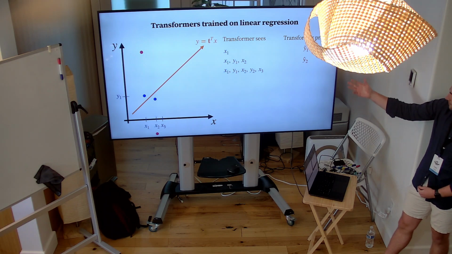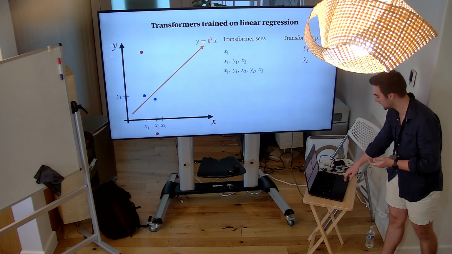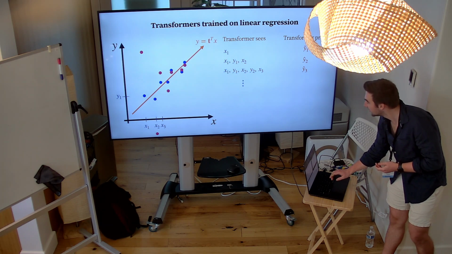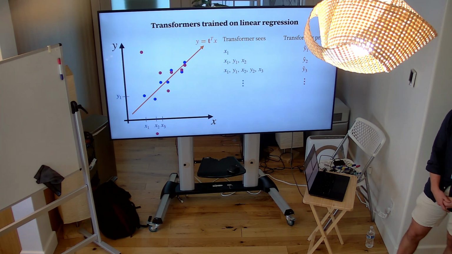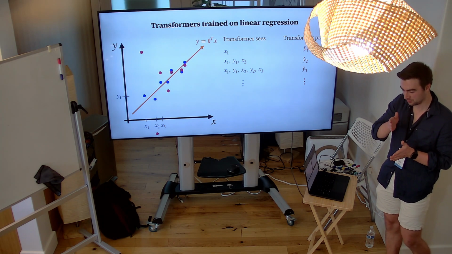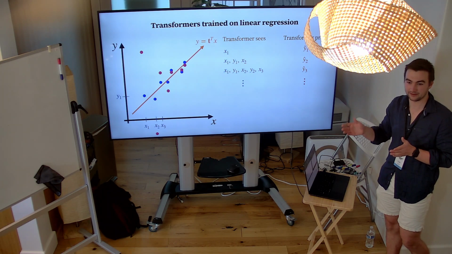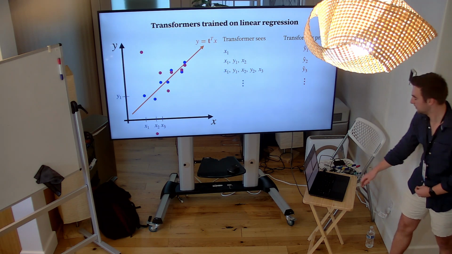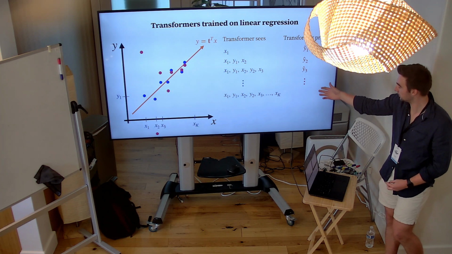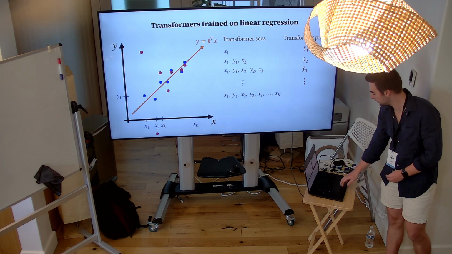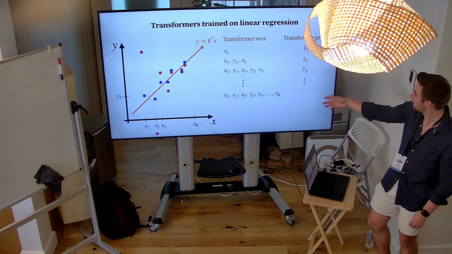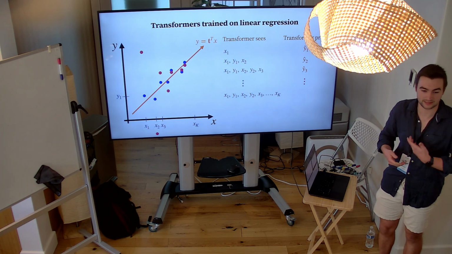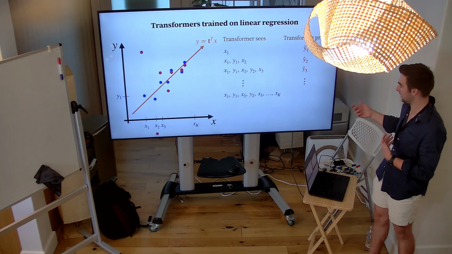And so we start to build up these pairs, and we are asking the transformer to predict on each subsequent pair given that it has seen 1, 2, 3, 4, 5, etc. And so then we finally query it on the last x value, and by this point, if it's doing a good job, it should have inferred what the underlying task is, and it should make a pretty accurate prediction.